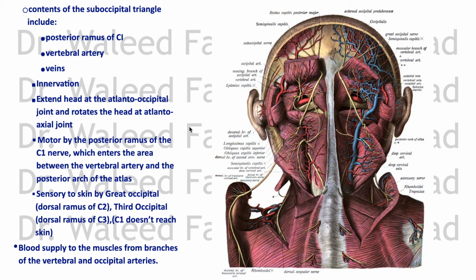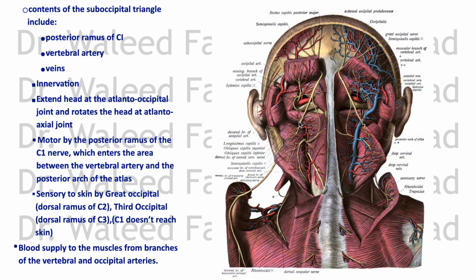Okay. Now in this drawing, this specimen, you must dig deep to reach the suboccipital triangle. First, on top, of course, there will be skin and fascia. And then you will get to the splenius capitis muscle and the semispinalis capitis muscle.